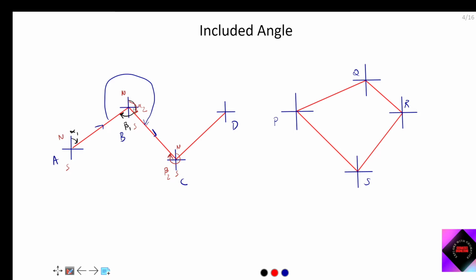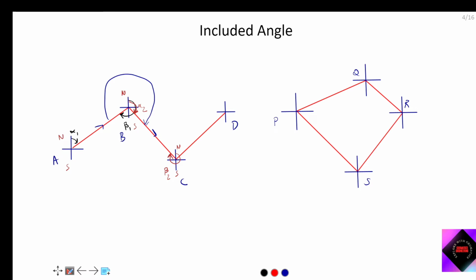So let's see what we have. We have this alpha 2, this one. If we get this angle, this one, then can you say that we can calculate this one?